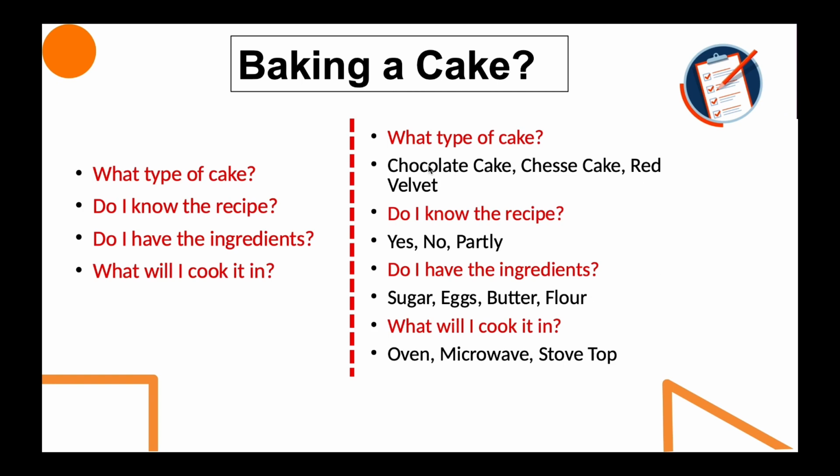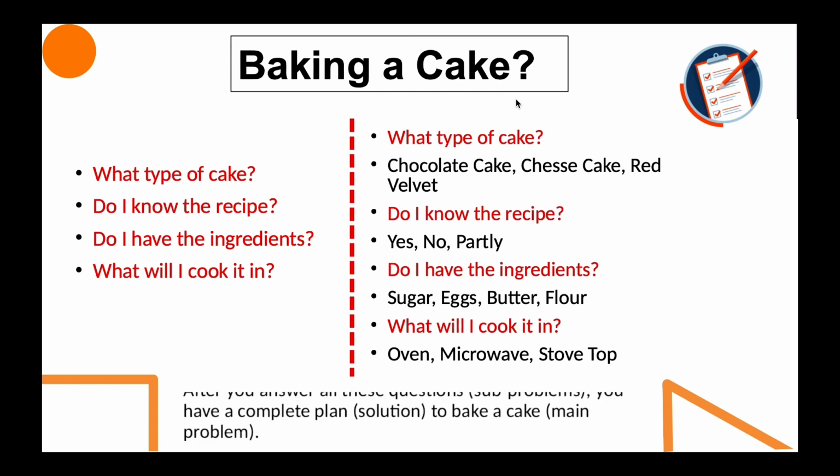With you answering all these questions, it means that you have successfully answered the bigger problem. After you answer all these questions or sub-problems, you have a complete plan, which is the solution to bake a cake, which is the main problem.